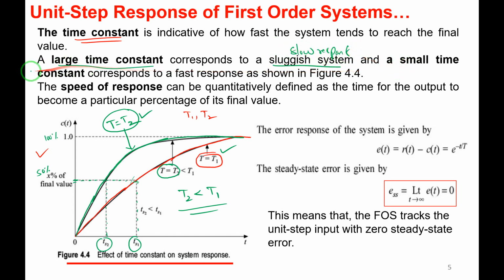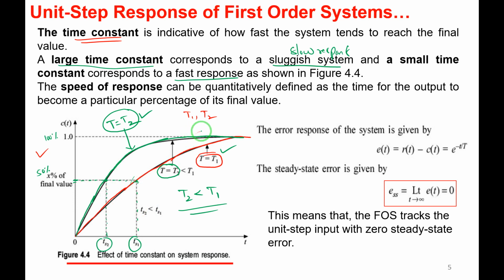And the system having smaller time constant corresponds to faster response. Here it is slower response, here it is faster response. I hope it is visible here, and it is proved here at these values. I hope it is clear.